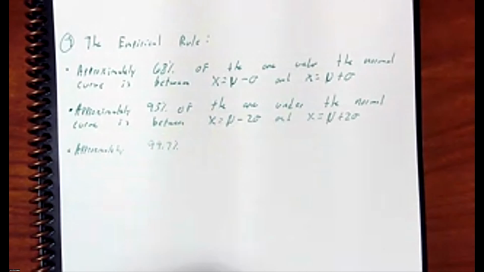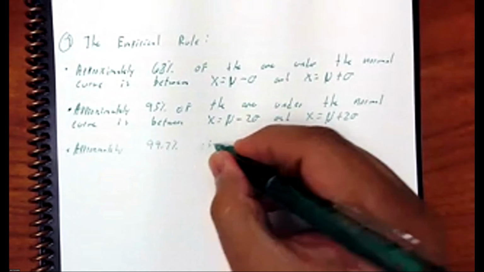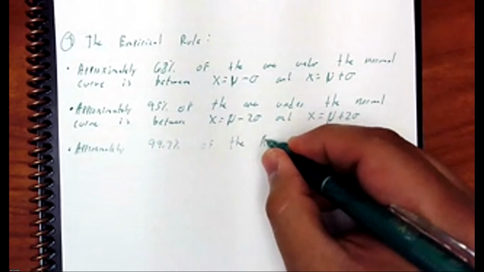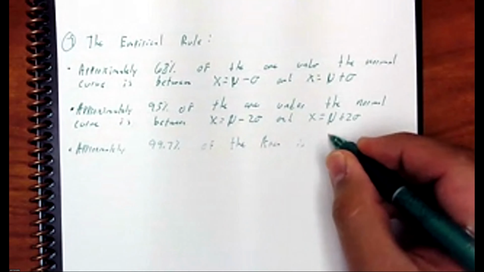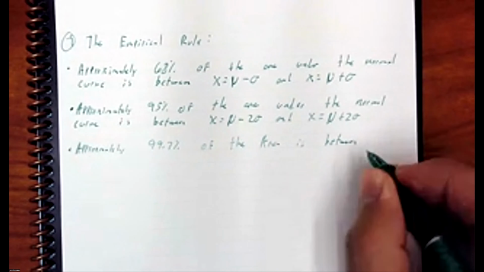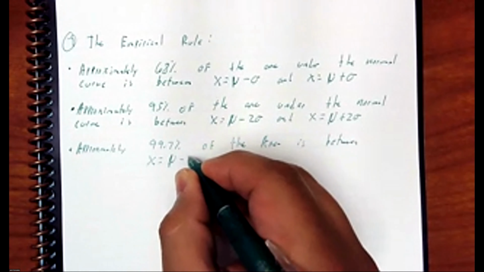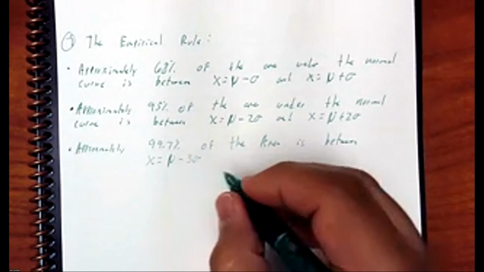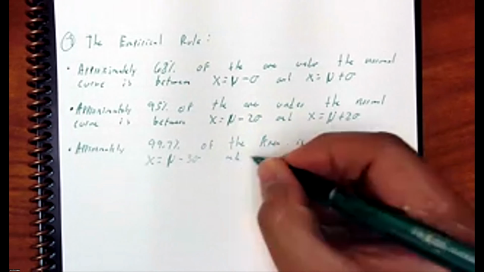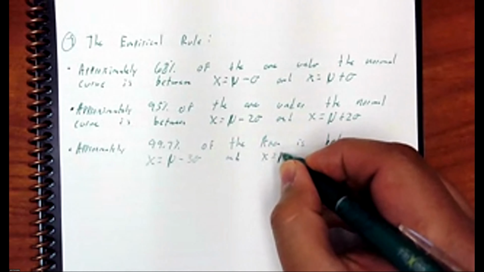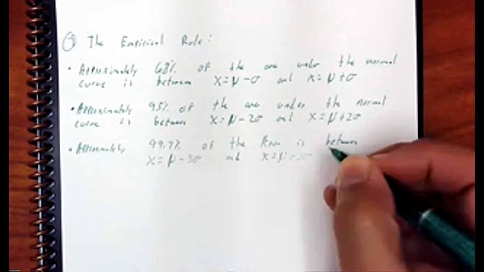And 99.7% of the area, I'm going to shorten this, is between x equal to mu minus 3 sigma and x equal to mu plus 3 sigma.